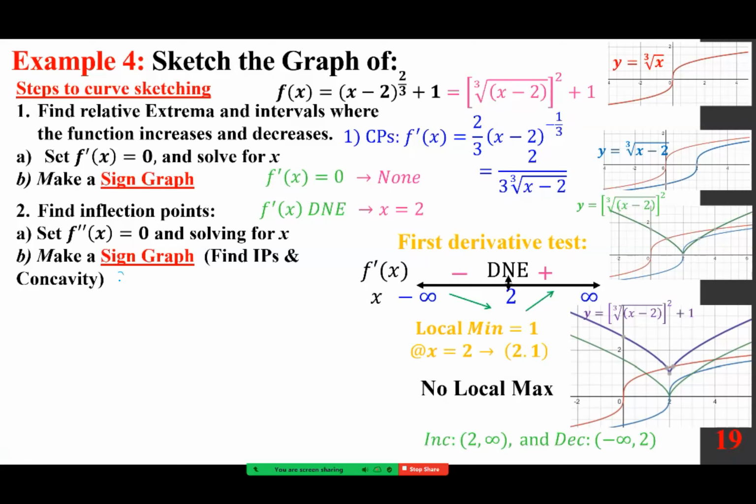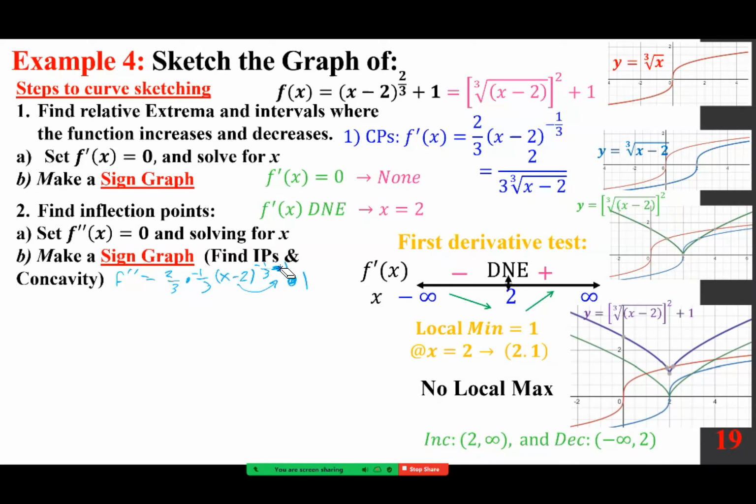So f double prime would be 2/3 times negative 1/3, times (x minus 2) to the power of negative 1/3 minus 1, and then the derivative of the inside is 1.